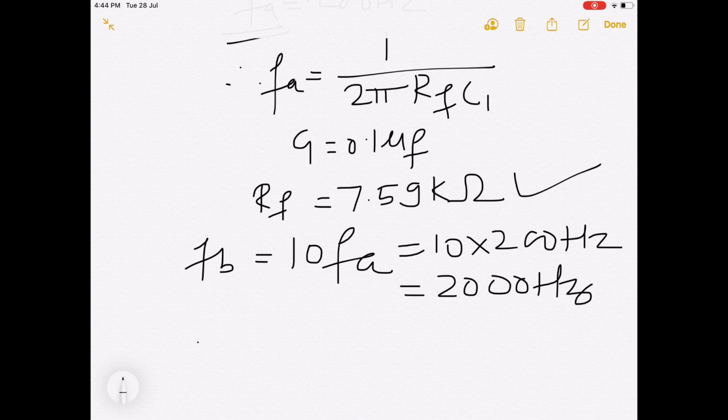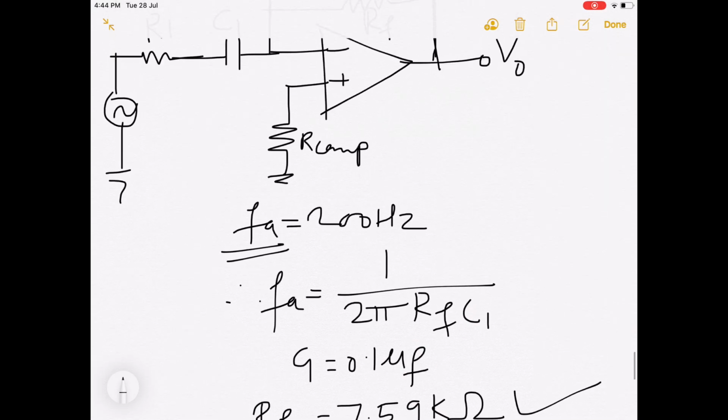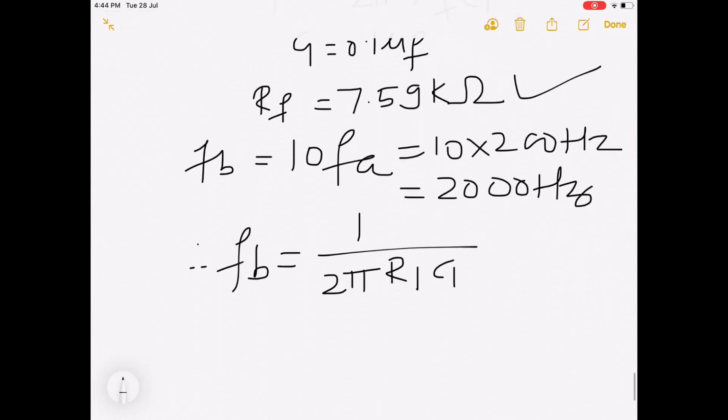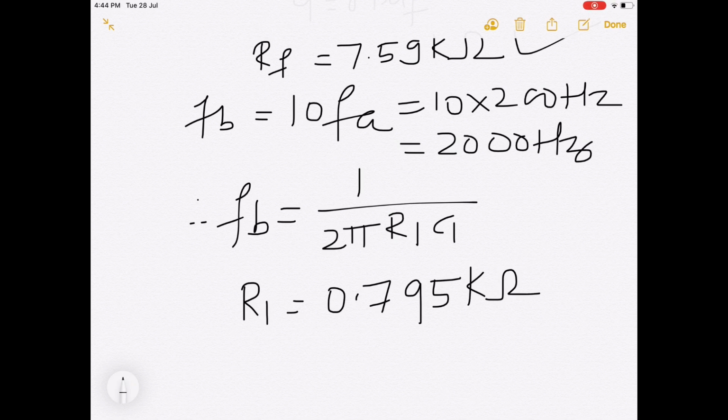At FB, your formula will be 1 upon 2 pi R1 C1. Put the value of FB and calculate R1. So, R1 will be 0.795 kilo ohms.